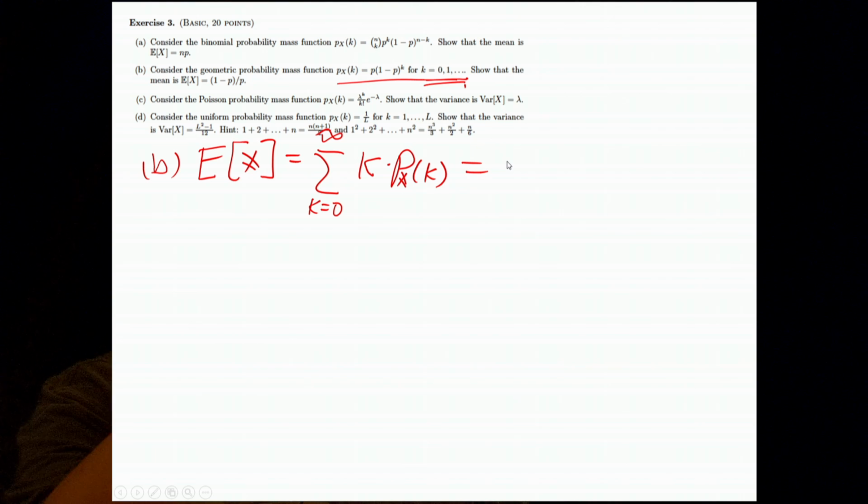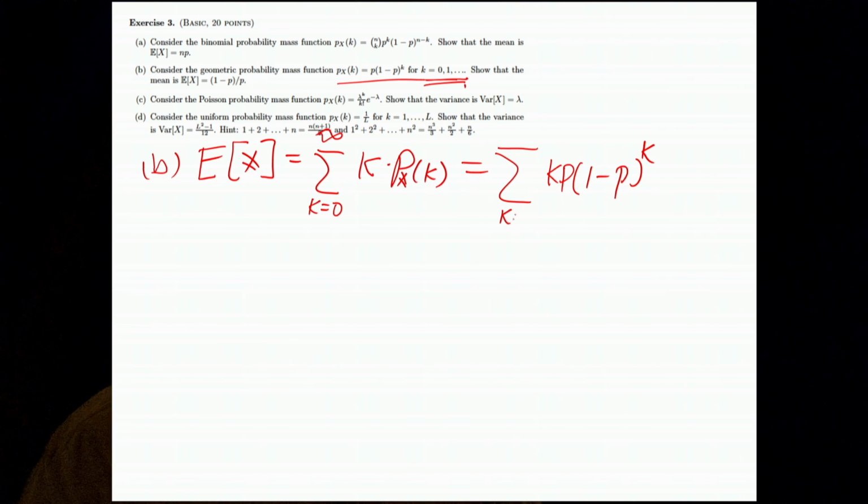Then once you have this formula, you plug in. Don't be in a hurry to plug in as quickly as possible. Just write down the formula and then plug in. That will be easier for you and won't be confusing.